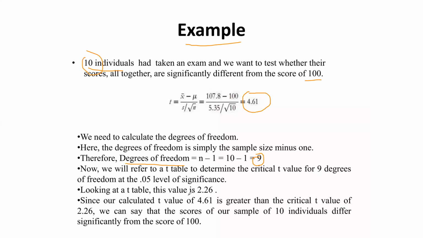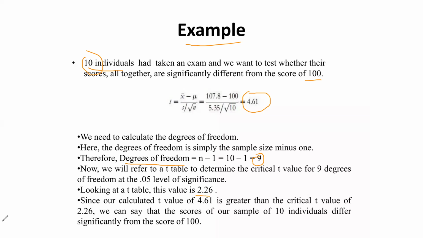Since we have 0.05 level of significance, it tells us that our confidence interval is 95%. So we look for the 9 under 0.05, and then you take the value, which will actually give us 2.26.